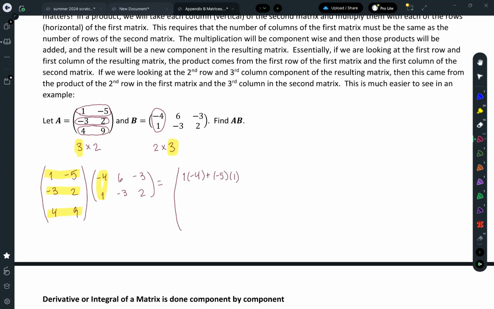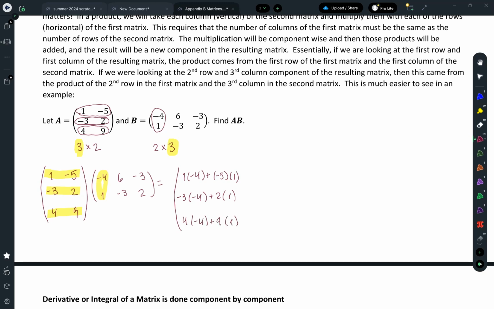That's the first row of A times the first column of B. Now that first column of B needs to go to the second row. So we get -3 times -4 plus 2 times 1. That'll give me the second row of the first column in our resultant. Then we take the first column of B times the third row of A. That'll give us 4 times -4 plus 9 times 1.